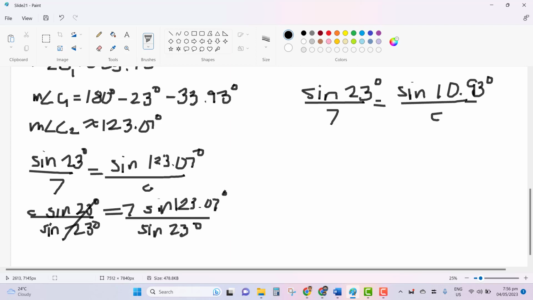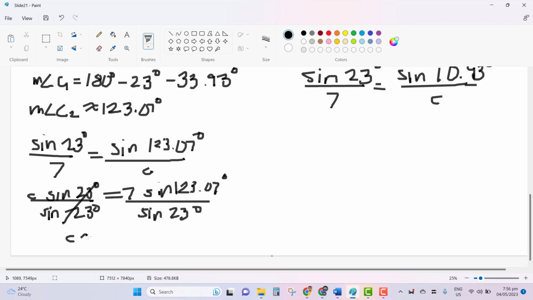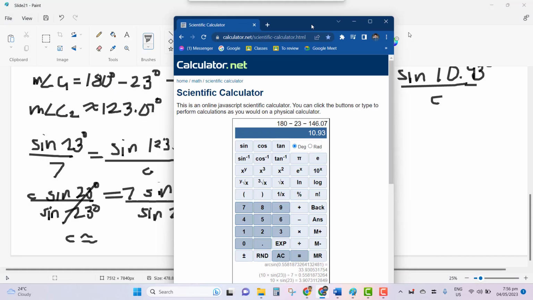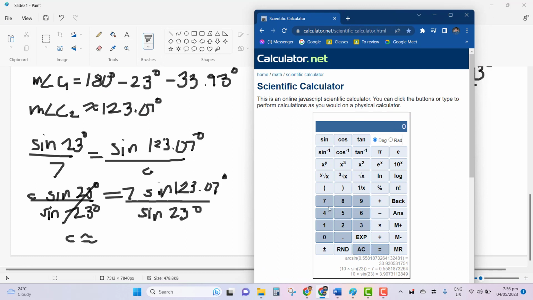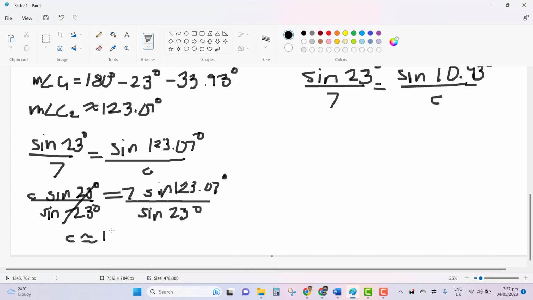So C is approximately the entire value of this expression: parenthesis 7 sine 123.07, close, divided by sine 23 degrees. That's approximately 15.01 units.